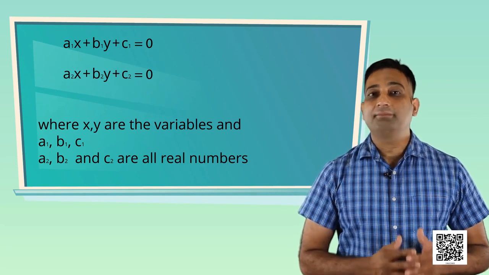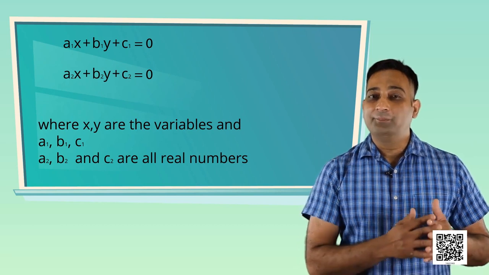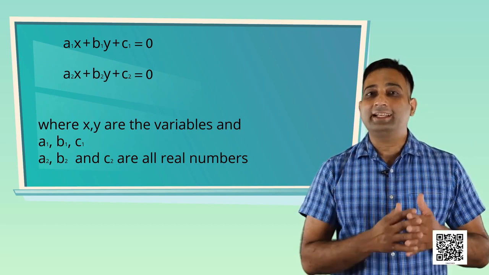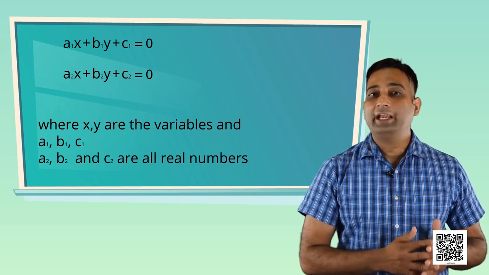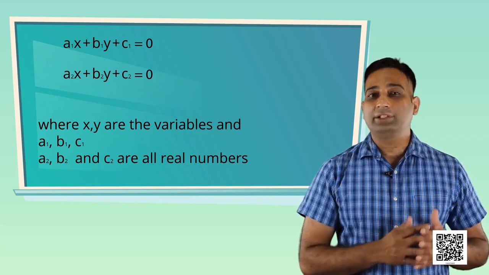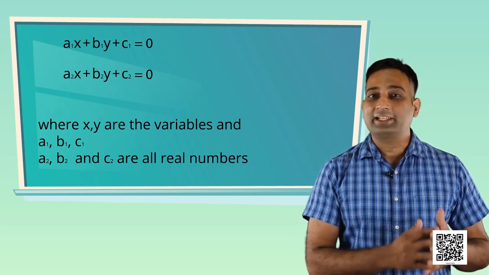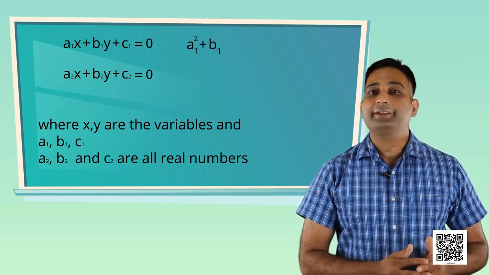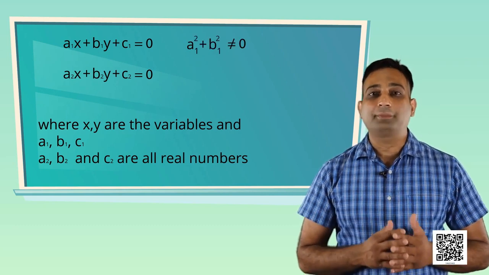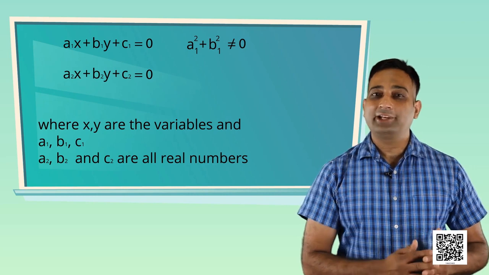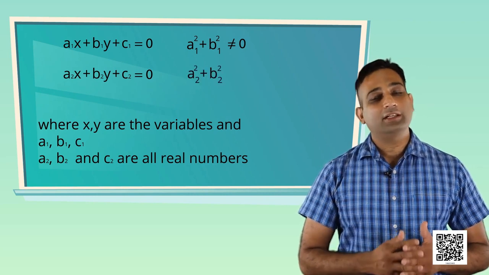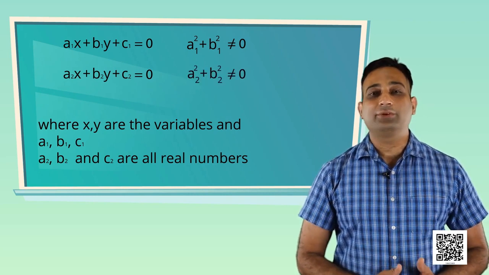But the condition must be satisfied that a1, b1 or a2, b2 should not both be 0. So we represent that condition by a1 square plus b1 square should not be equal to 0 and a2 square plus b2 square should not be equal to 0.